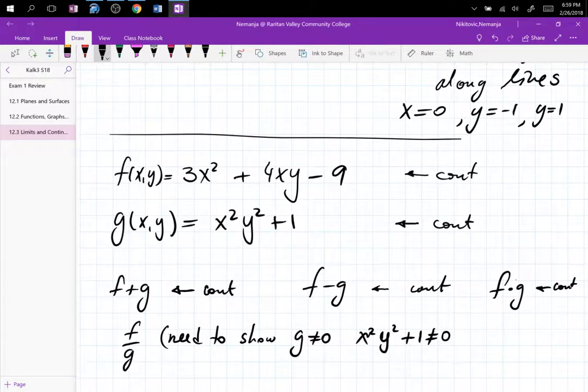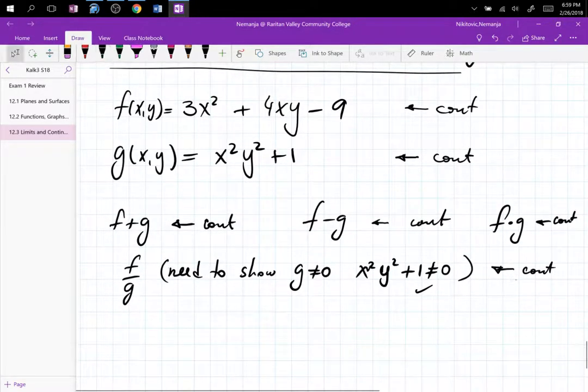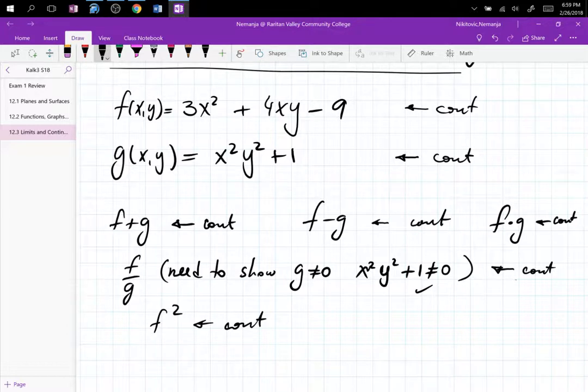There are no values under the sun that you can put for x and y as real numbers to get 0. Because that's true, again, continuous. What else is continuous? f squared, or g squared, is continuous. Again, it does not introduce vertical asymptotes, which would create those vertical drops.